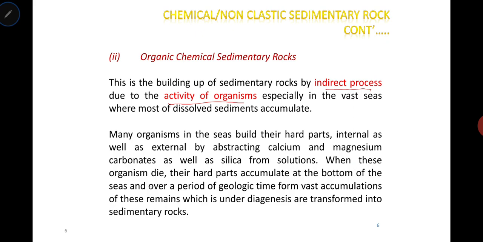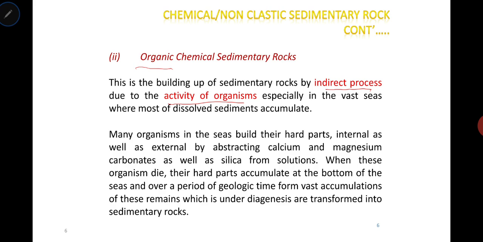When these organisms die, their hard part accumulates at the bottom of the sea, and over a period of geologic time forms vast accumulation of debris, which under diagenesis is transformed into sedimentary rock. So this is another chemical sedimentary rock, but under the terms of organic sedimentary rock.